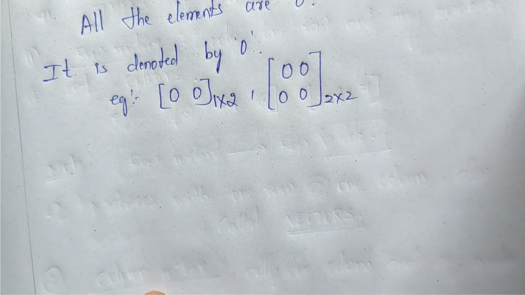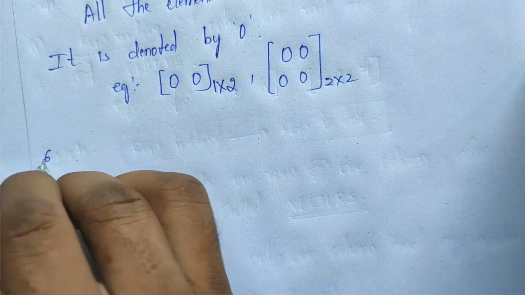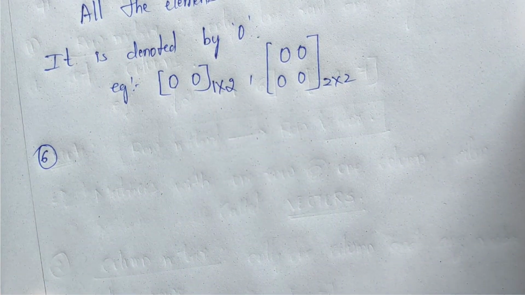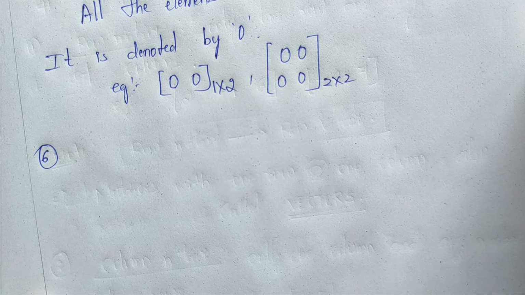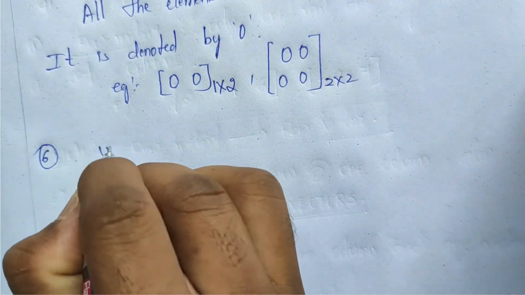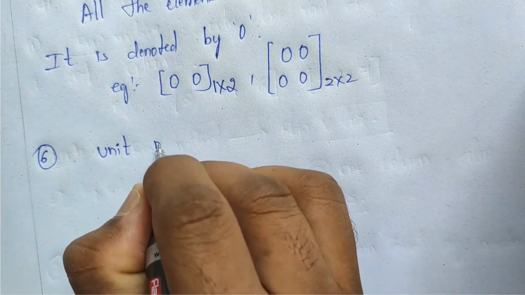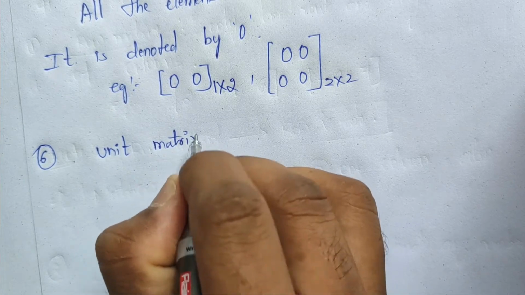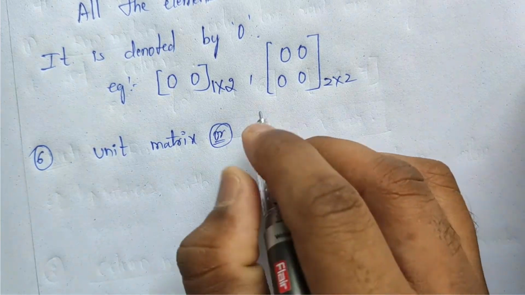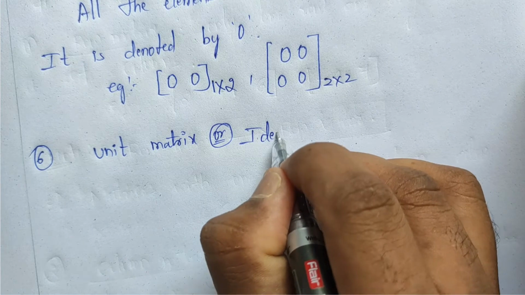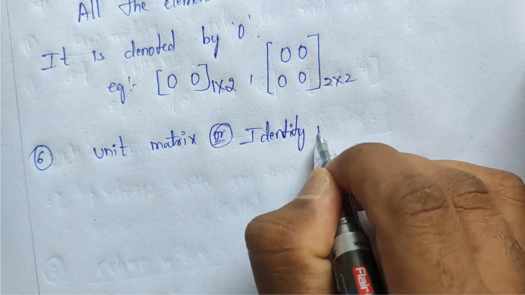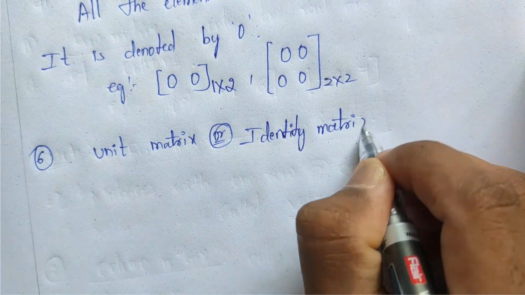And the sixth one, the unit matrix or identity matrix.